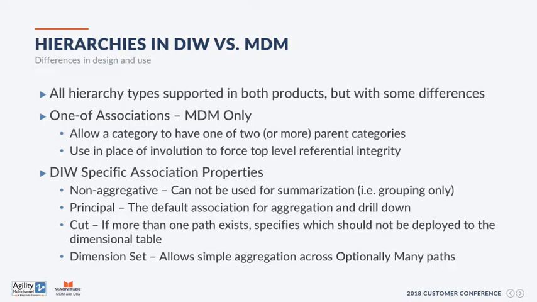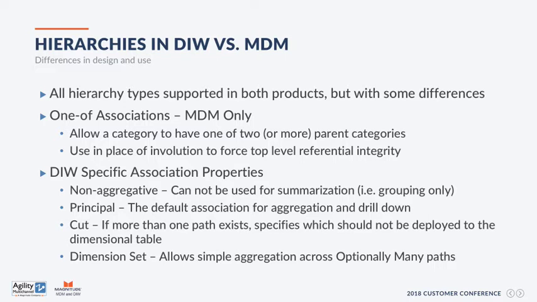Cut associations: if more than one path exists, I can cut a path if I do not wish it to be deployed to the dimensional table. This simplifies the content of the dimensional table where people are not going to be drilling down across the association. And then finally, a dimensional set simplifies aggregation when we have many-to-many associations.